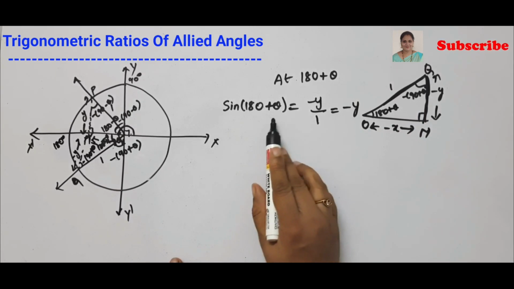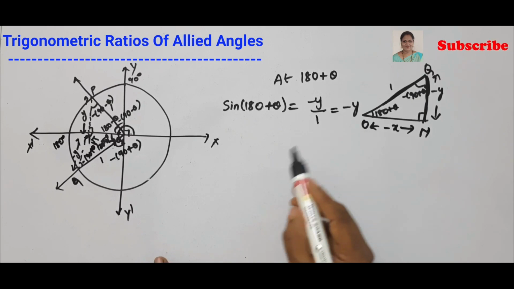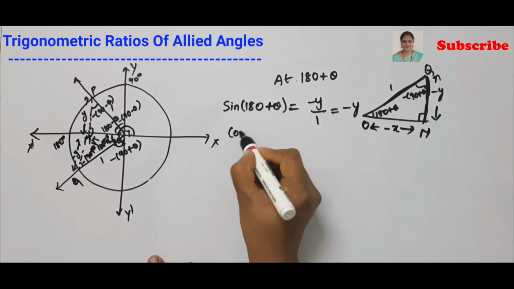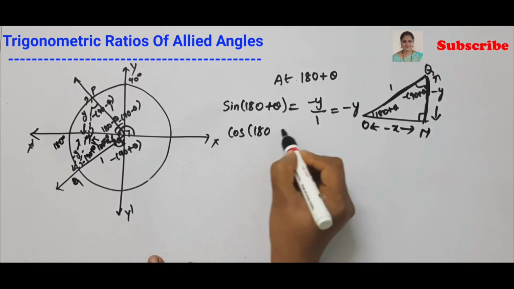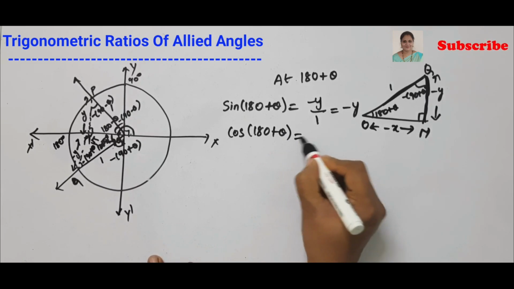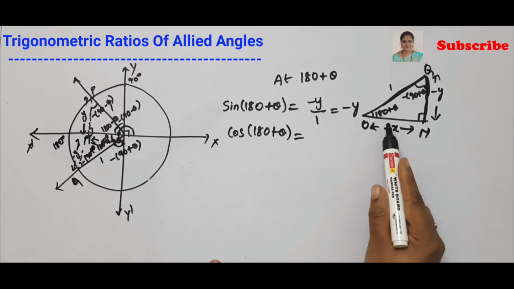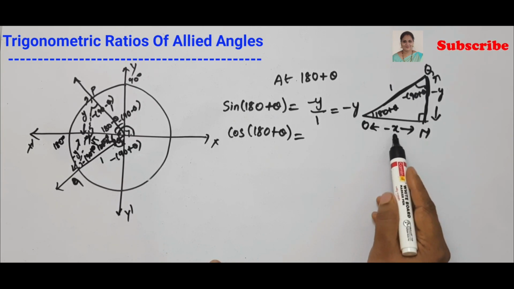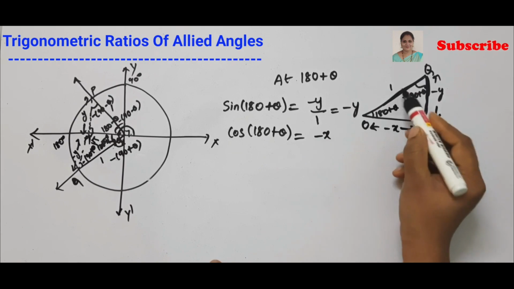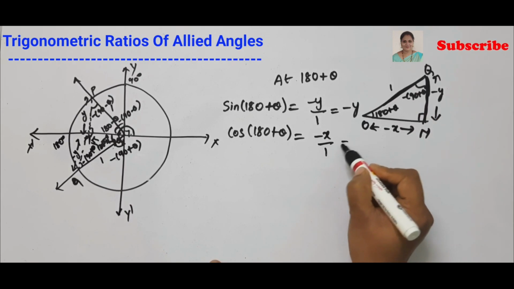Next, cos 180 plus theta means adjacent side by hypotenuse. The adjacent side to this angle is minus x, and minus x by 1 is minus x.